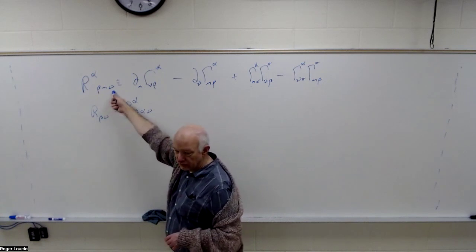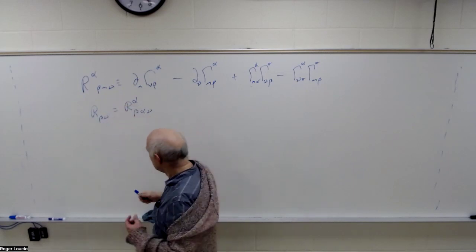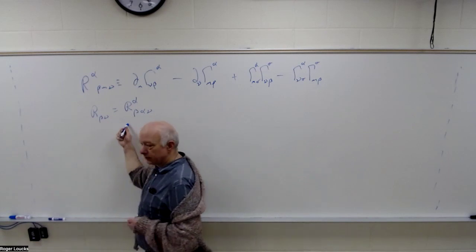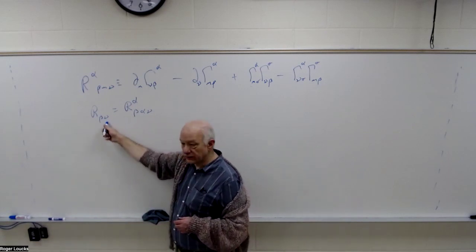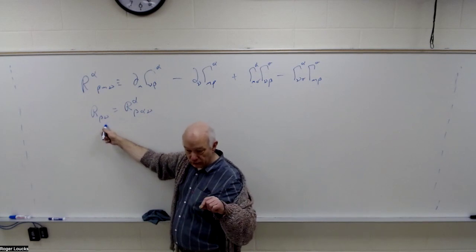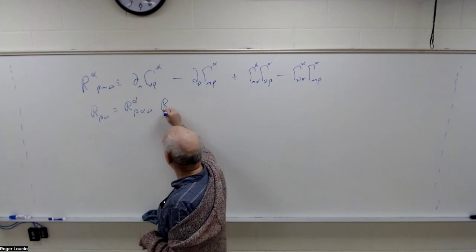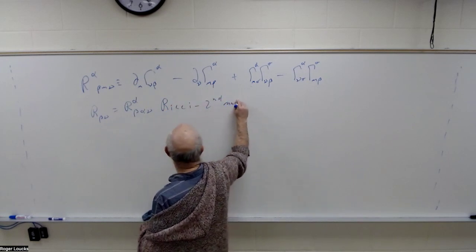This is your Riemann curvature tensor, this is the Ricci tensor. Now, this one is symmetric in beta nu, so this is a second rank symmetric tensor.